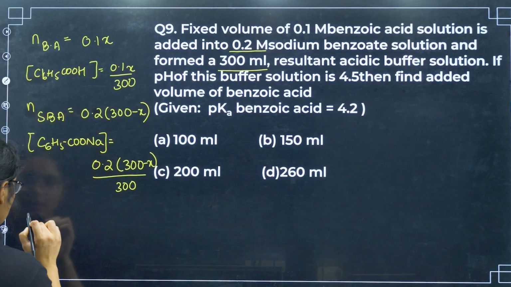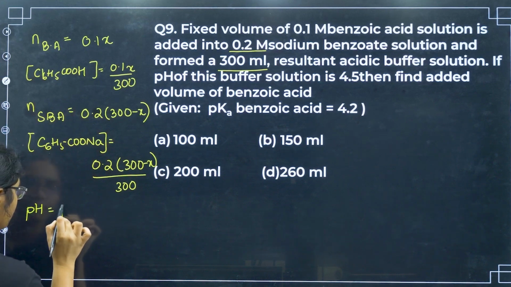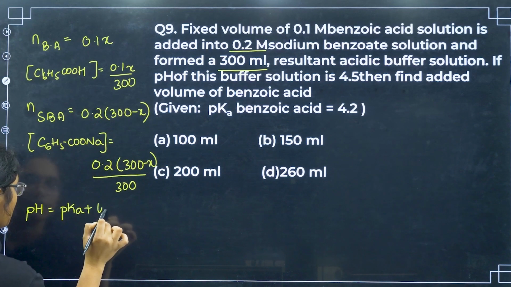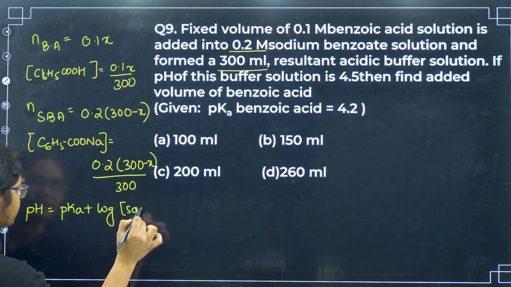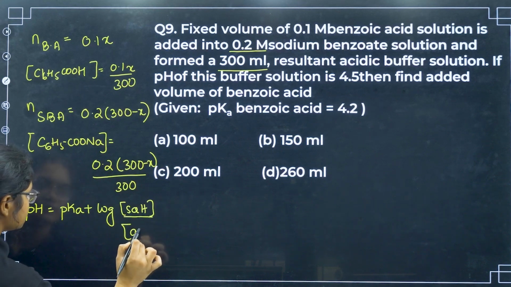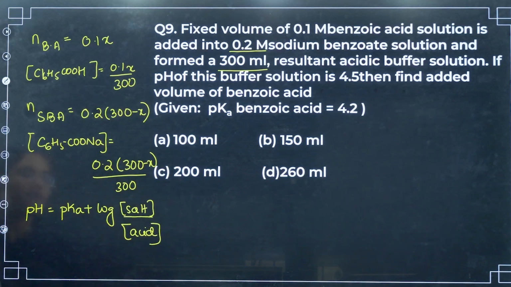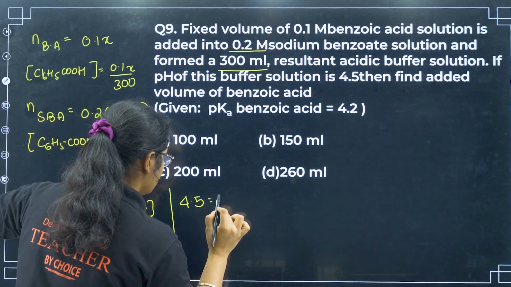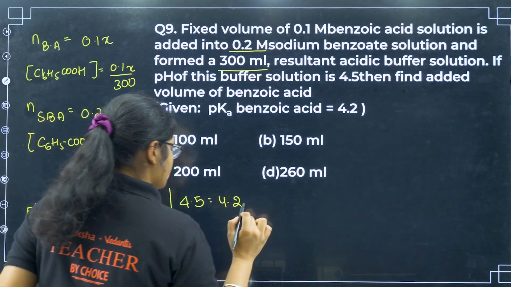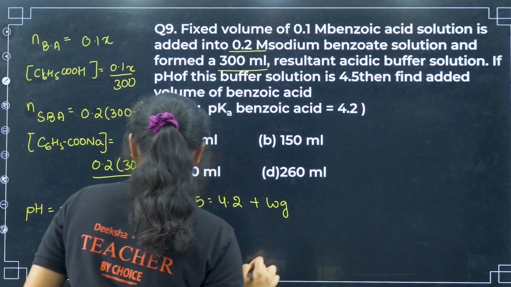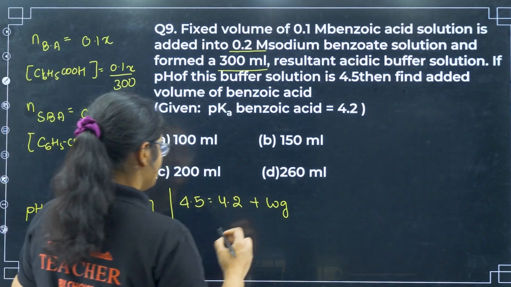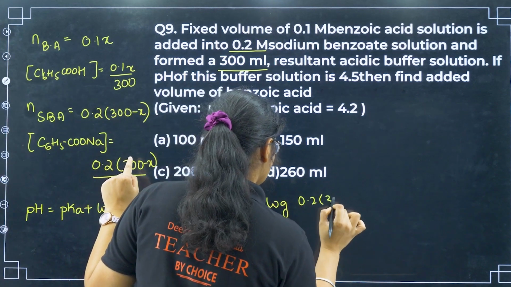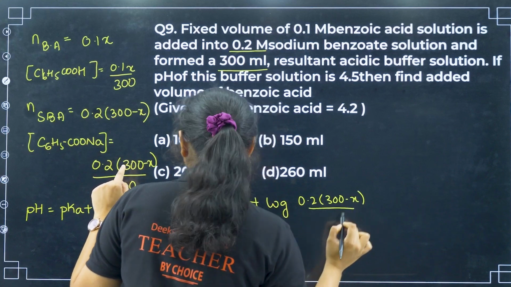Now we have pH is equal to pKa plus log of salt concentration by acid concentration. Now pH is equal to 4.5, that is equal to 4.2 plus log of the salt concentration, 0.2 into 300 minus X divided by 300.